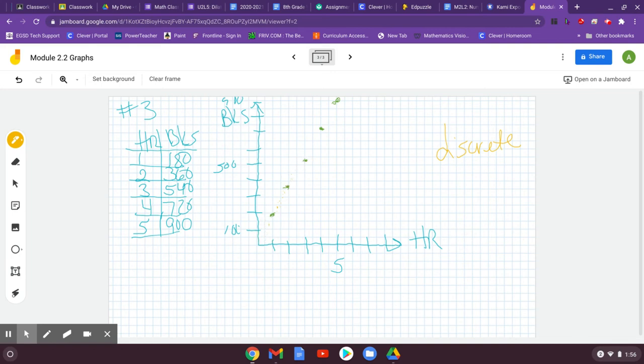So even though it's not a full straight, connected line, there are definitely small dots in between in here. I'm trying to keep on that line, but make them all separate. So just keep in mind that even though it's discrete, there are more points than what we're putting in here.